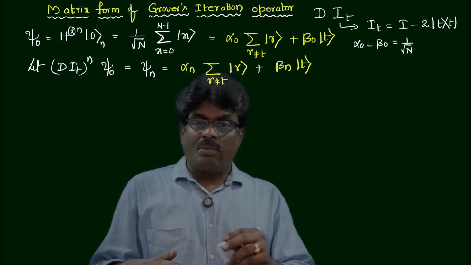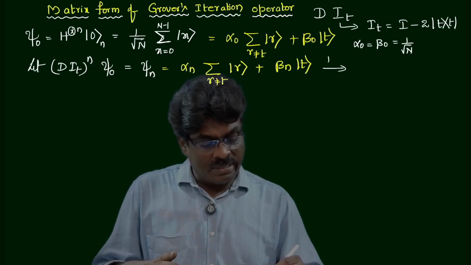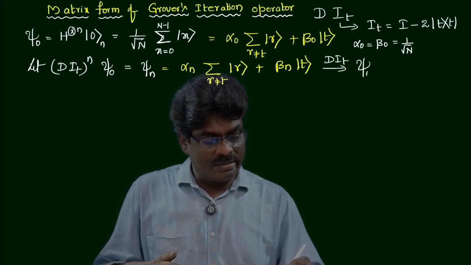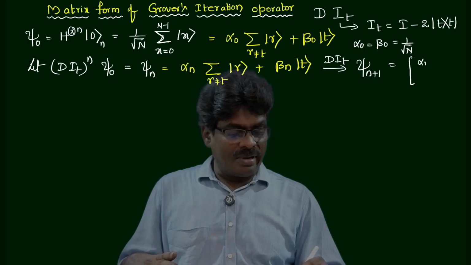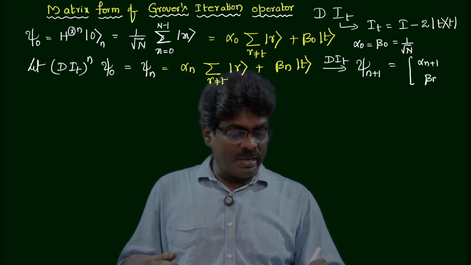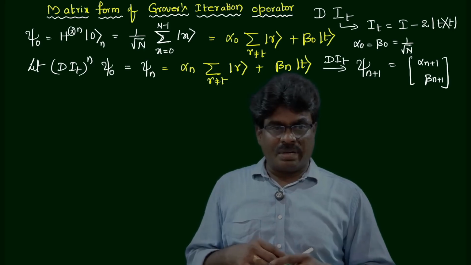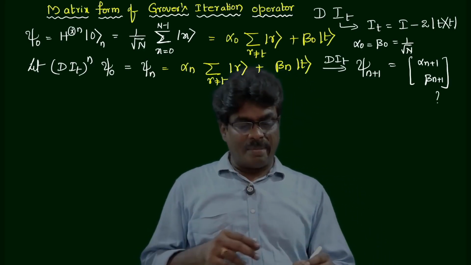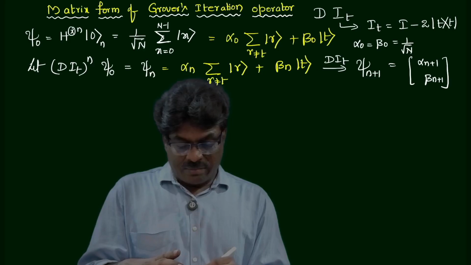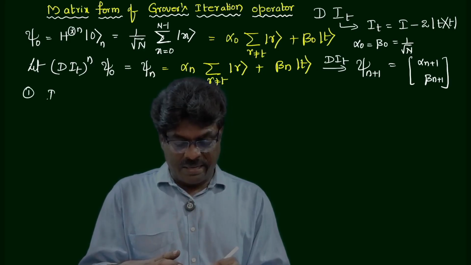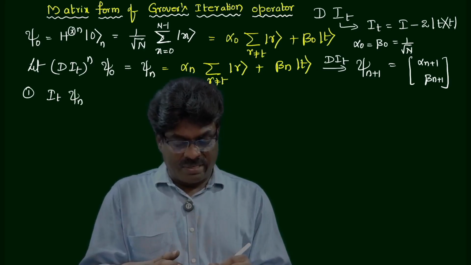Okay, so let us operate one more time. If you operate one more time with DI_T, then what you will get? Psi n plus 1. So let it be alpha n plus 1 and beta n plus 1. So here we are going to find the amplitudes alpha n plus 1 and beta n plus 1, the amplitudes of the target and the remaining states. So how to get this psi n plus 1? The first operation is the I_T. So I_T is going to operate on psi n first.